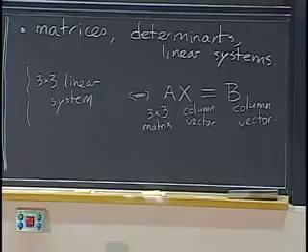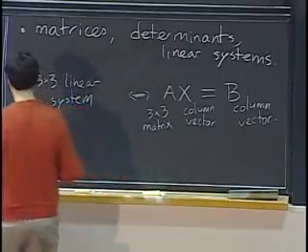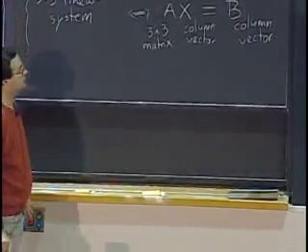Okay, so if you don't remember how to multiply matrices, please look at the notes on that again. And also, you should remember how to invert a matrix. So how did we invert matrices? Let me just remind you very quickly.